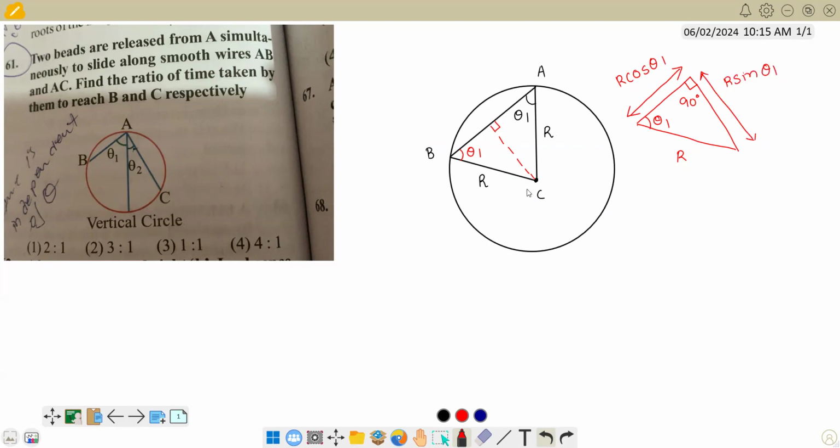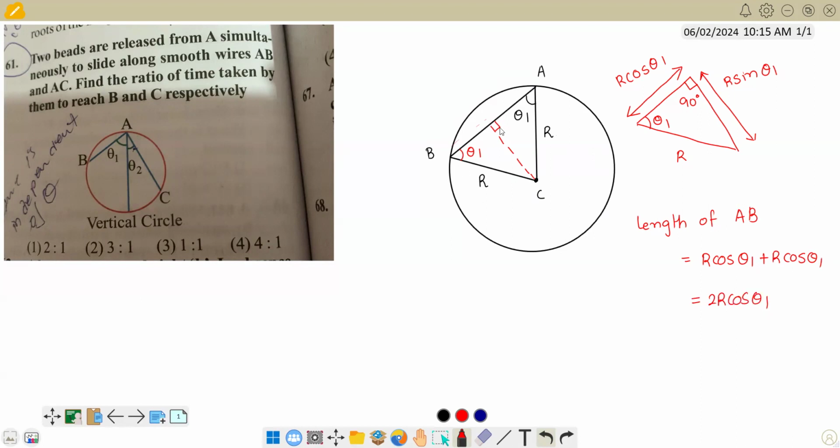So finally, the length of AB is R cos theta 1 plus R cos theta 1, that is 2R cos theta 1.